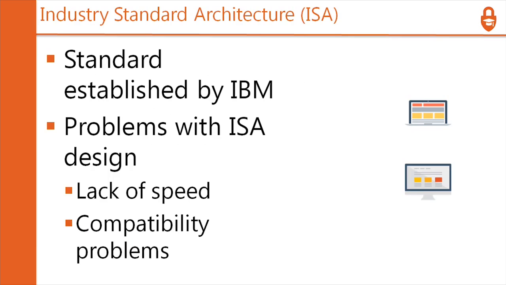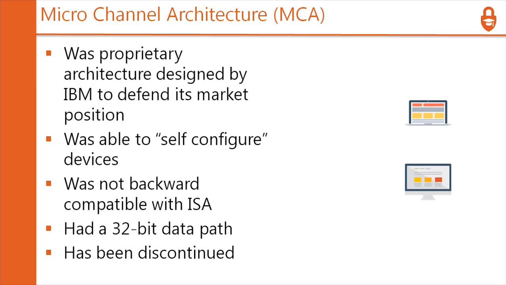The ISA, the Industry Standard Architecture, is a standard established by IBM, and they had problems with the ISA design. It has a lack of speed and has compatibility problems, so not every one was built the same. The MCA, the Microchannel Architecture, was a proprietary architecture designed by IBM to defend its market position.